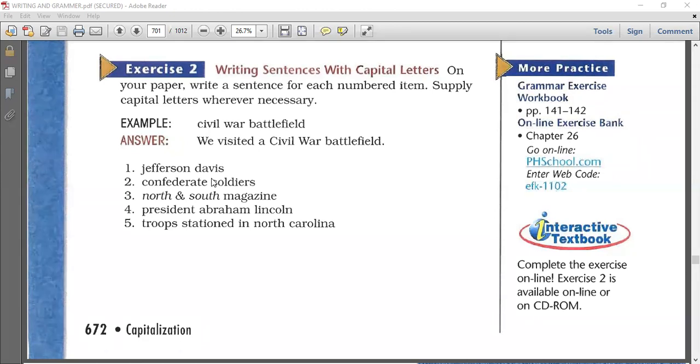Yes, both must be capitalized. They want you to put the two names in a sentence. I think this was a former American president, but I'm not sure. Let's say he was a president.